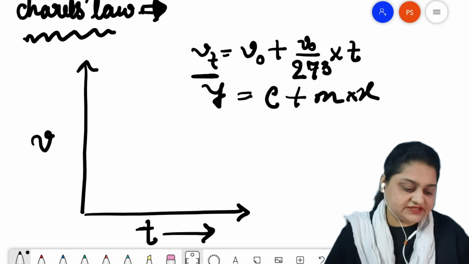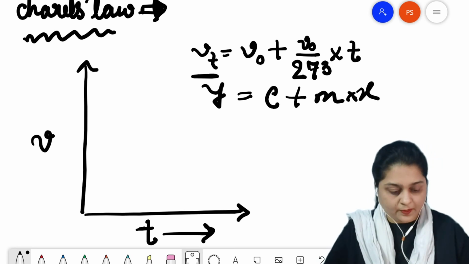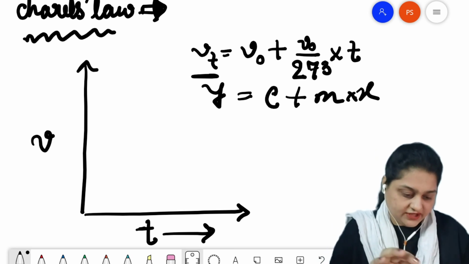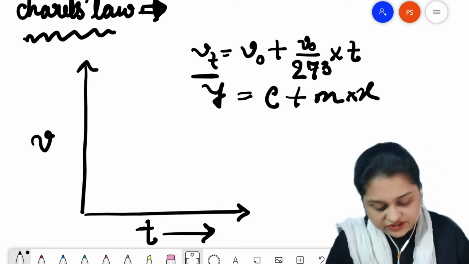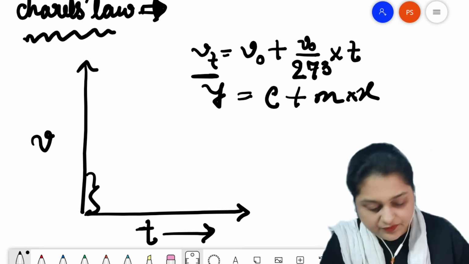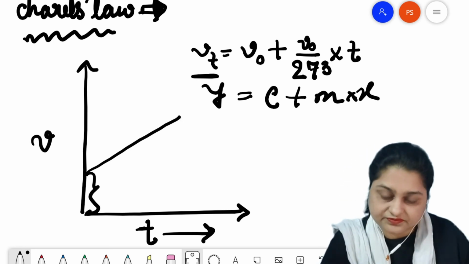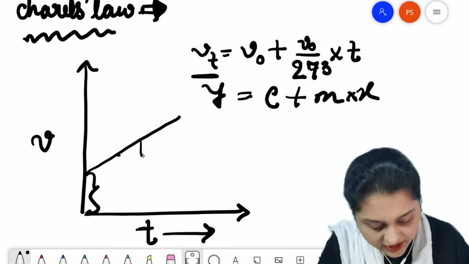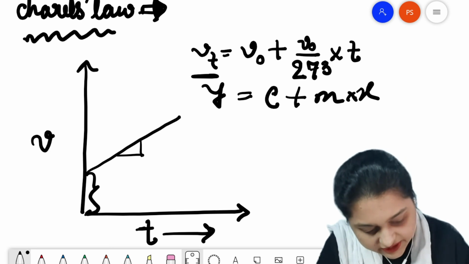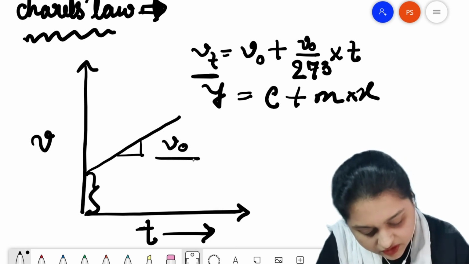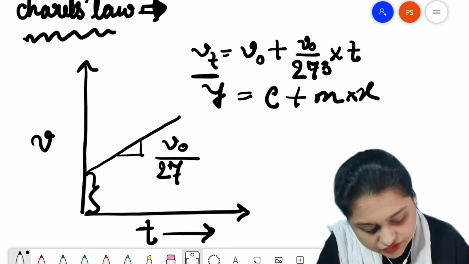So this is a straight line equation starting with an initial point C. So this will look like this with a slope M, which represents V naught by 273.